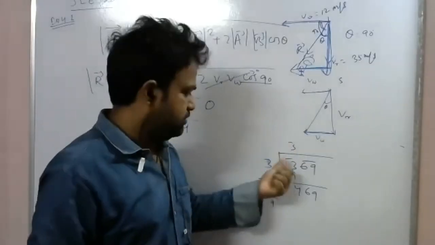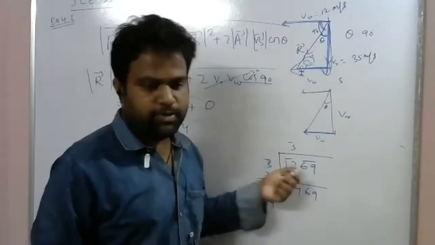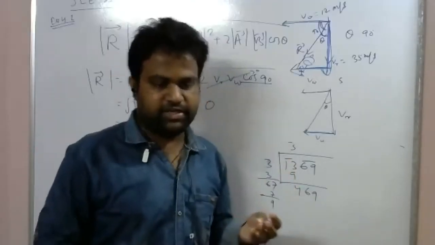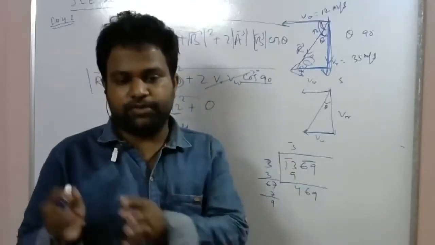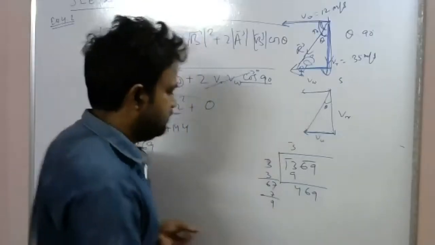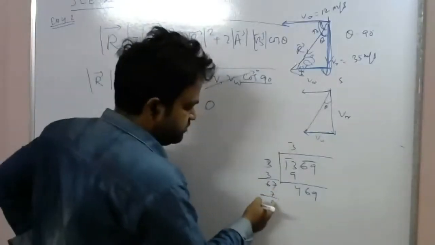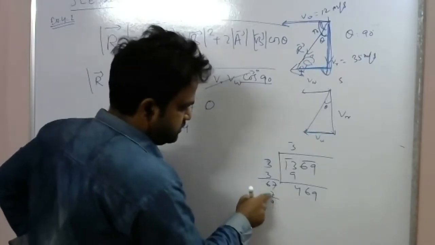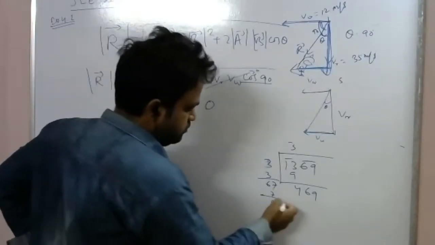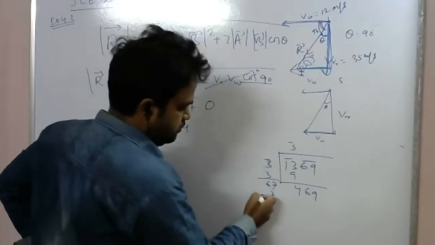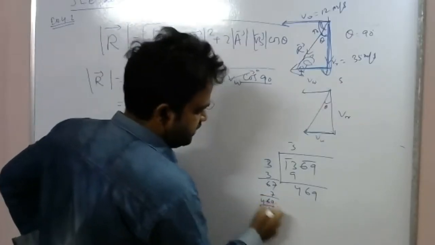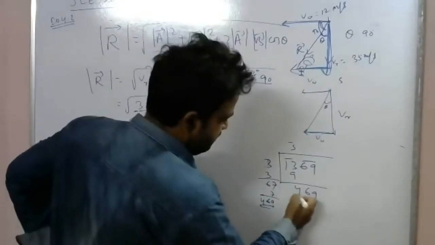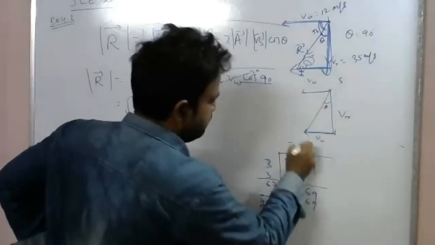Many times you will face problems in your entrance examination, when you are solving a problem and a square root will come. So 7 times 9 is 63, 7 times 6 is 42, 42 plus 4 is 46, so 469. So 67 into 7 is 469, and you will put that.